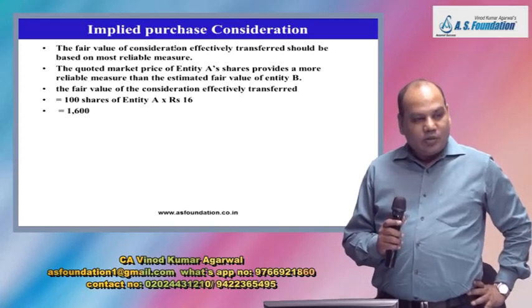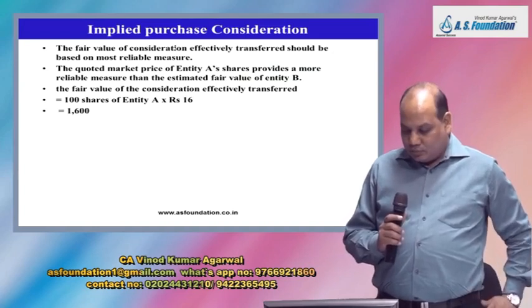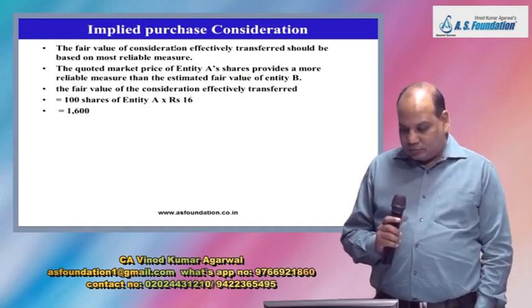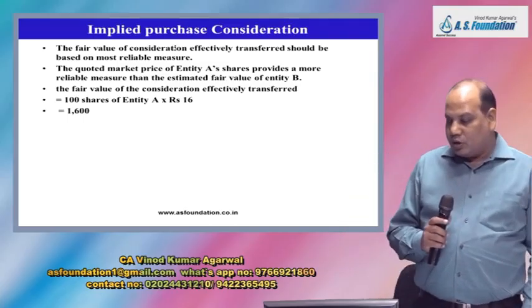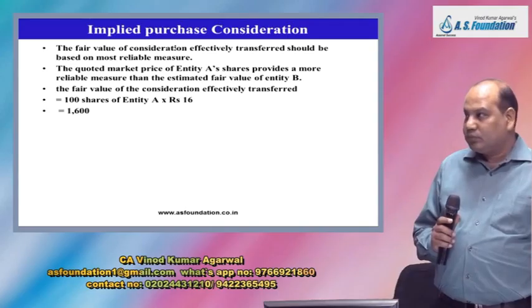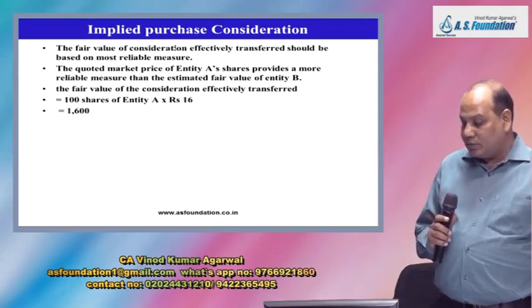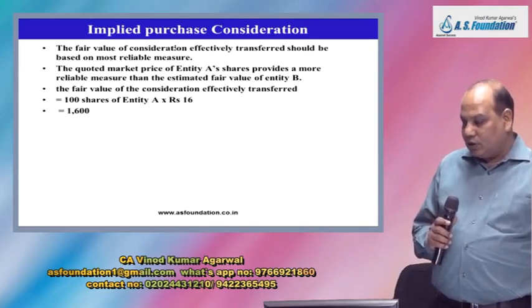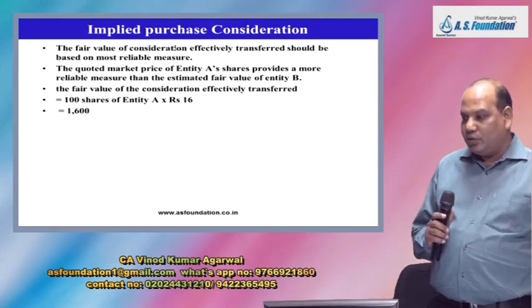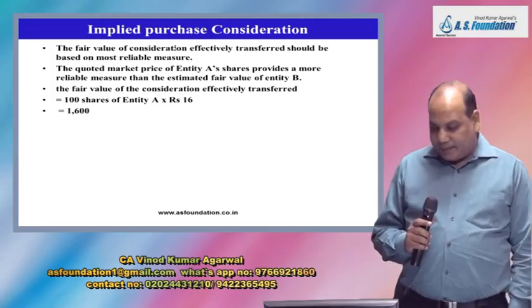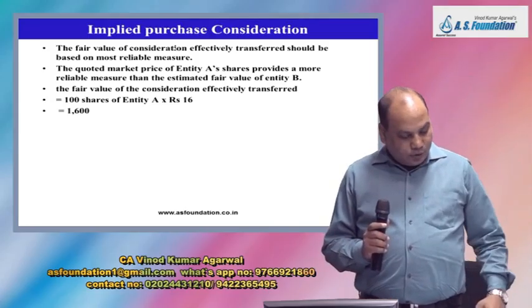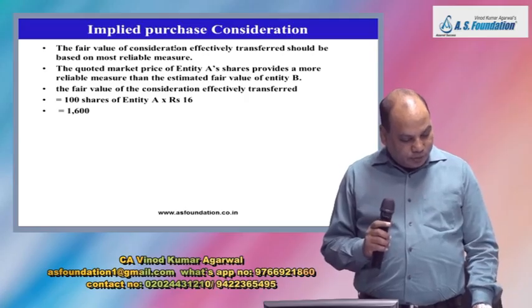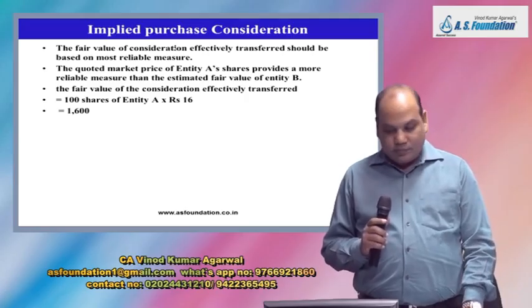So write down: the quoted market price of A provides a more reliable measure than the estimated fair value of entity B. For entity B, fair value is given. For entity A, quoted price is given.